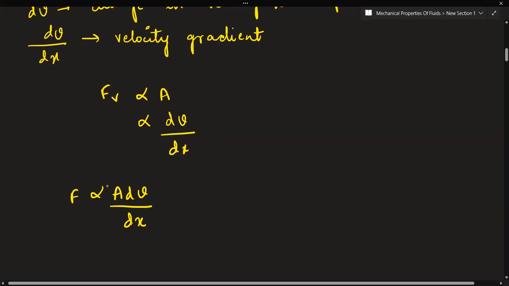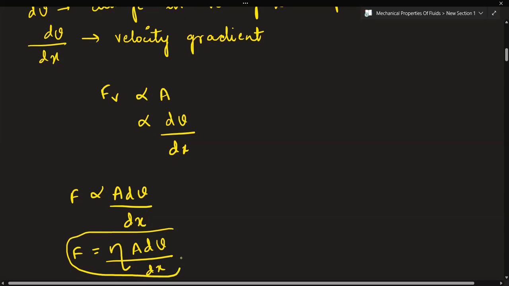Whenever in mathematics you have to remove the sign of proportionality and make it into an equation, we put an equal to sign along with a constant. And the constant used over here is represented by this symbol eta: F = eta A dv over dx. So this is the formula for viscous force developed.